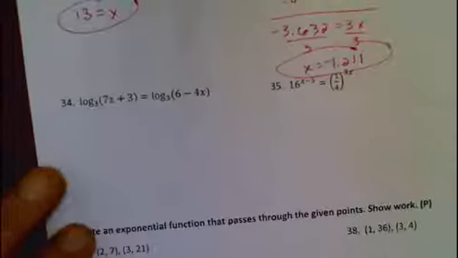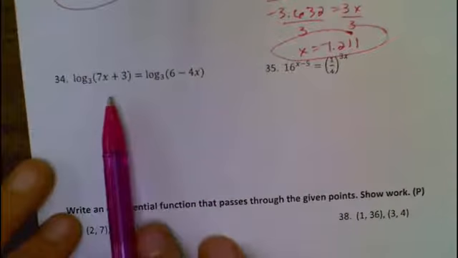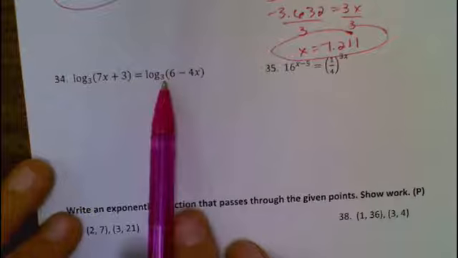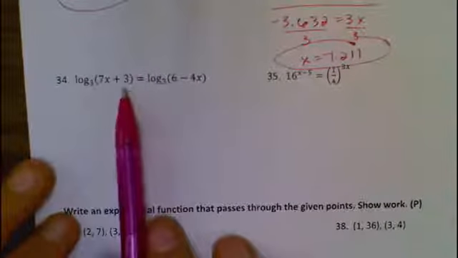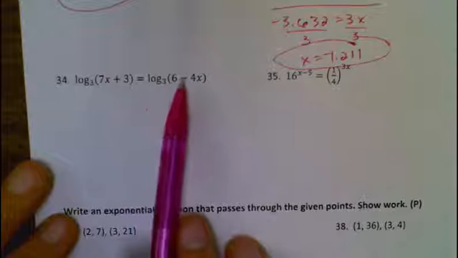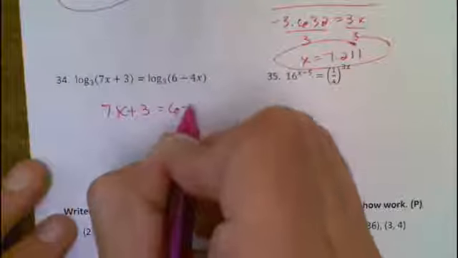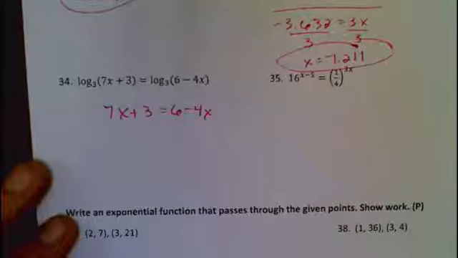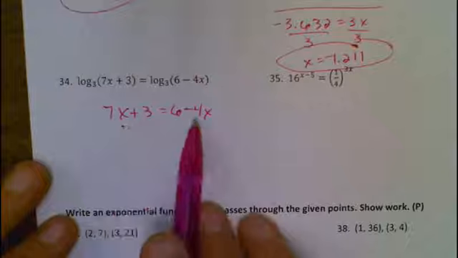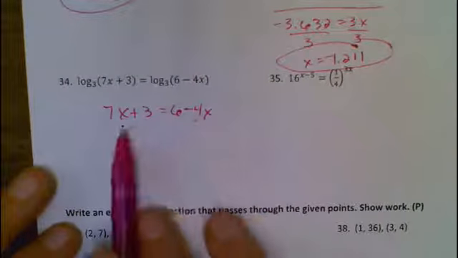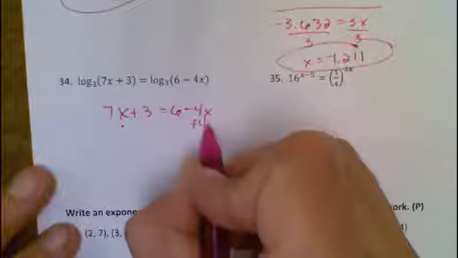The other log equation you see is 34, but this is where two logs are equal to each other. Remember, that's a little bit different. If the log of this equals the log base 3 of this, those two things have to be the same. If their logarithms are the same, they have to be the same. So there you don't really need to convert anything. You just say, okay, I know this has to equal this. Don't forget, when you have x's on both sides, you need to get rid of one of them.